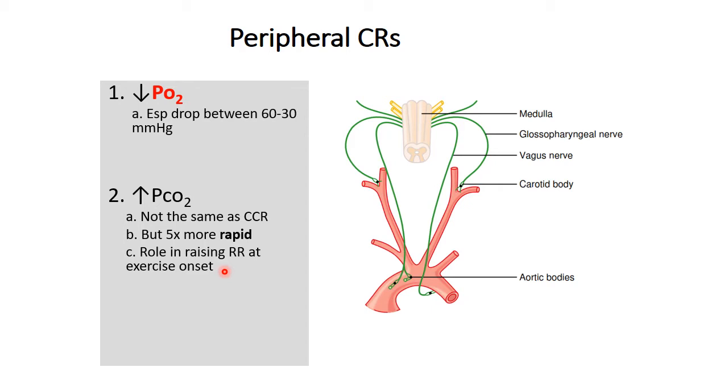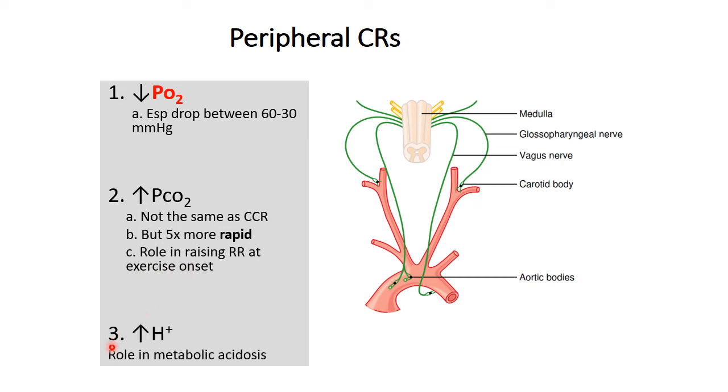So when these tissues start producing carbon dioxide, that carbon dioxide at the exercise onset affects the peripheral chemoreceptors to stimulate the respiration through the central nervous system, such that the enhanced respiration can help you exercise more and better and efficiently. So this is the role that peripheral chemoreceptors play in exercise.